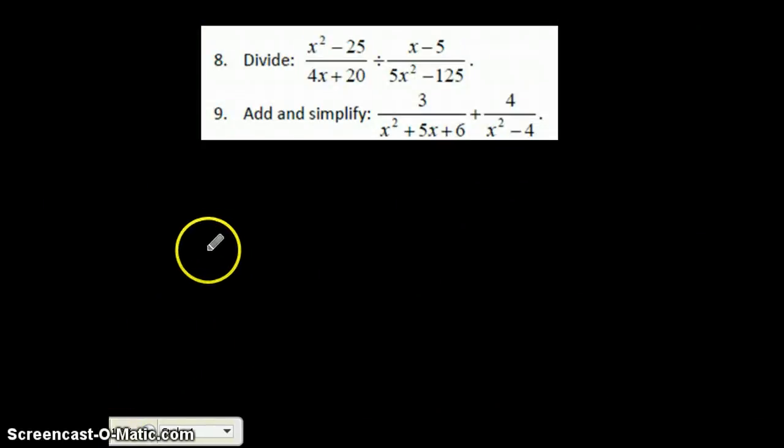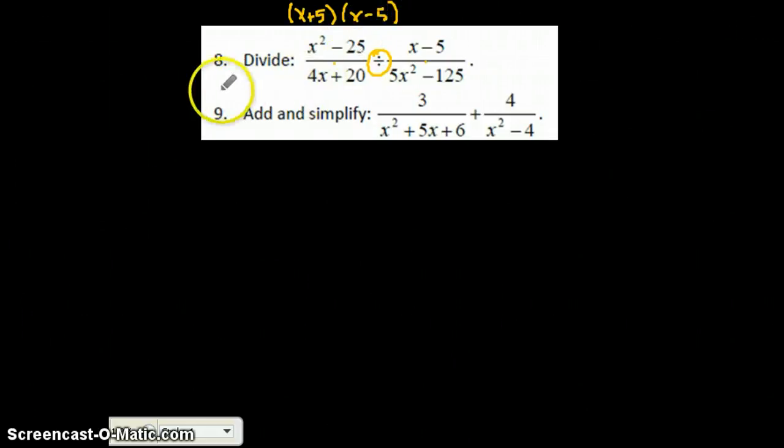Okay, question number 8. We have to divide this rational expression by that rational expression. So don't forget, when you see divide, you're going to multiply by the second one flipped. Okay? So let's do that. As a matter of fact, we know that this top is going to factor into x plus 5 and x minus 5.